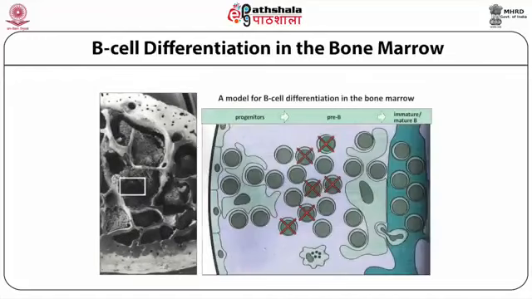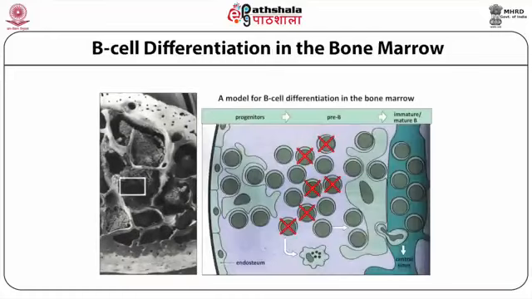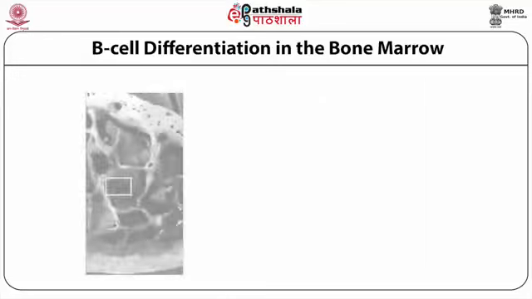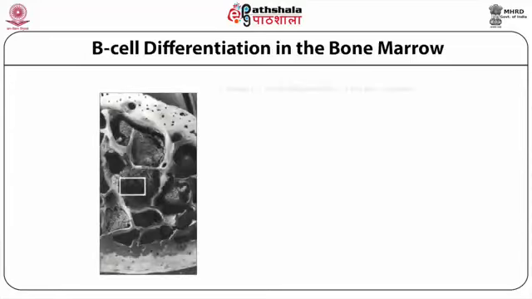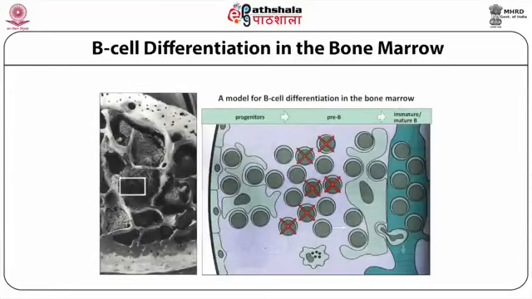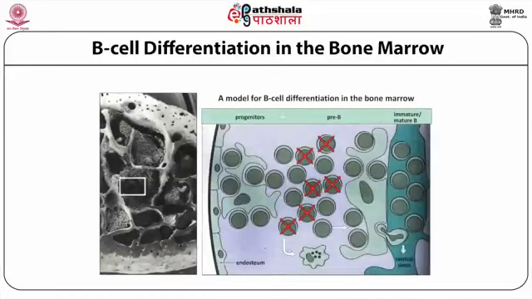The stromal cell derived factor or the pre-B cell growth stimulating factor, which is called either SDF1 or PBSF, is also required. Mice which lack the gene for this factor fail to produce developed B cells.